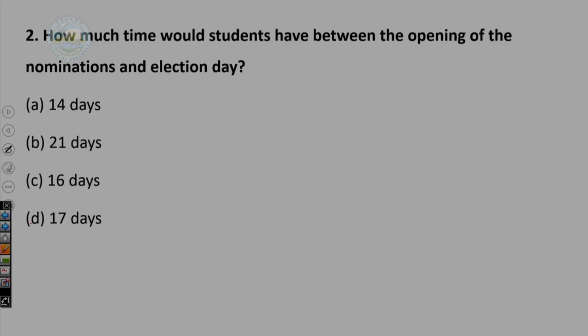It asks how much time would students have between the opening of nominations and election day. Nominations will open on the 8th of June, and then elections will take place on the 29th of June.